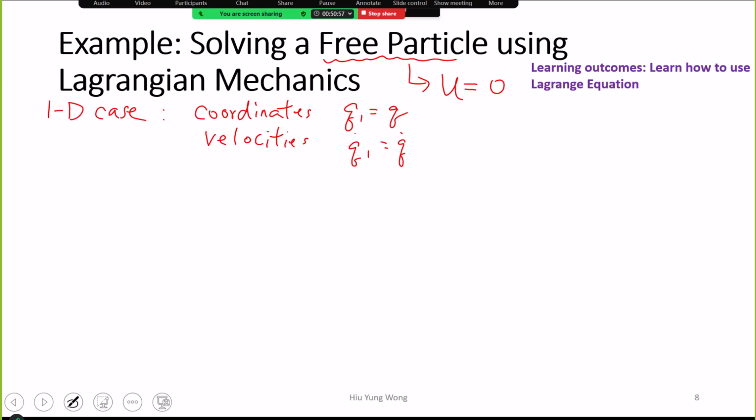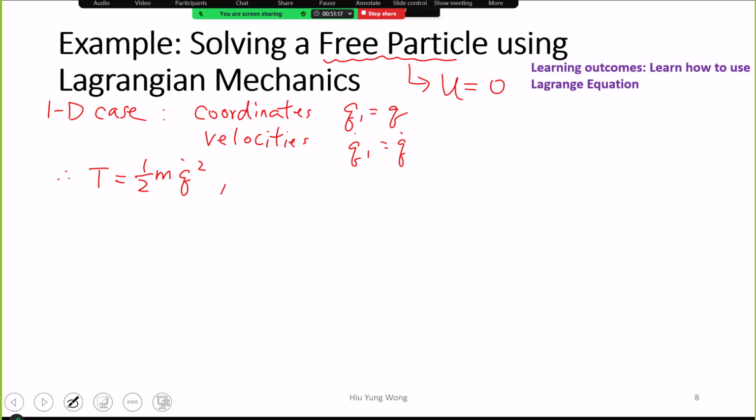In order to use what we just learned, I first need to find the Lagrangian. What is the kinetic energy? Again, it is equal to half m q dot square, because that's the definition.